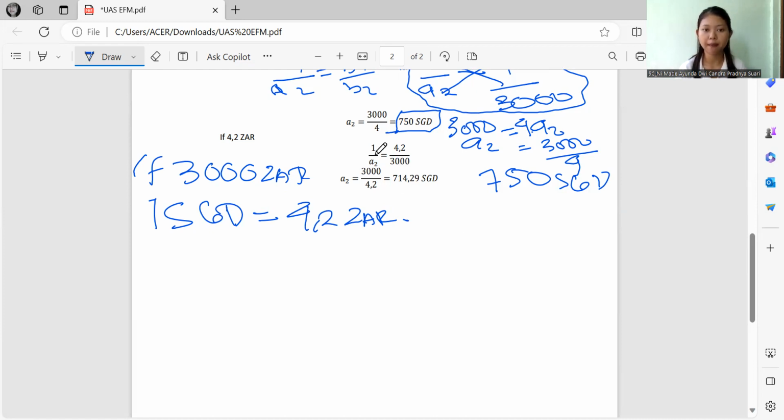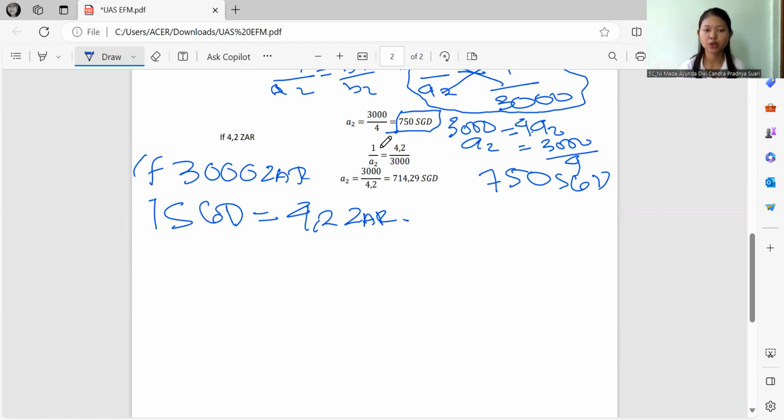At the same step, A1 is 1, and A2 is the question, 4.2 is the B1, and B2 is 3,000.